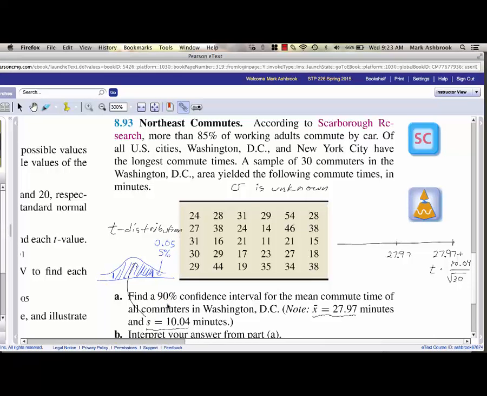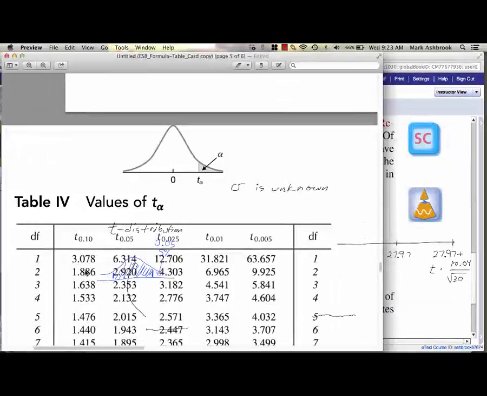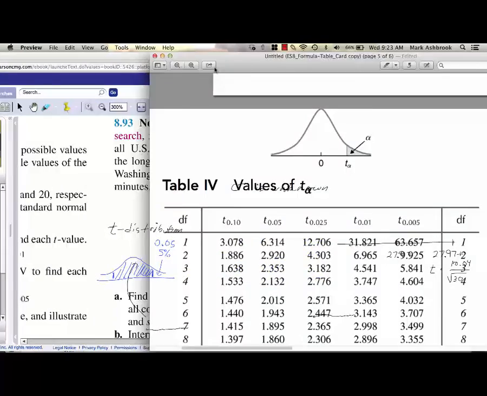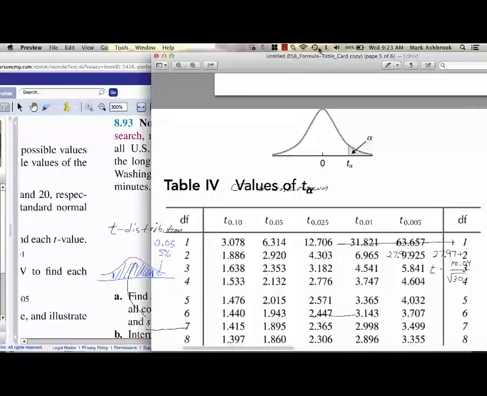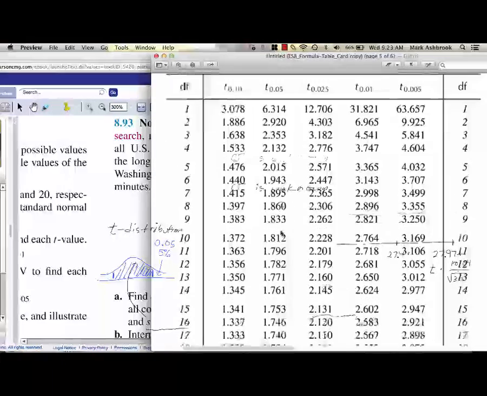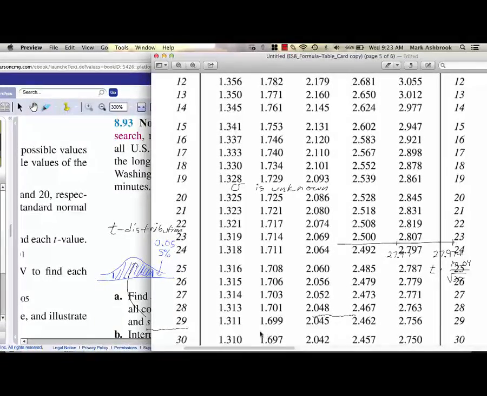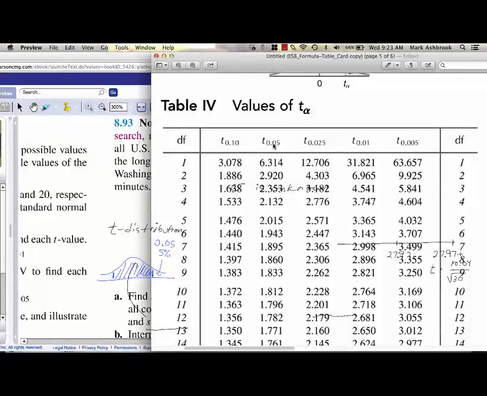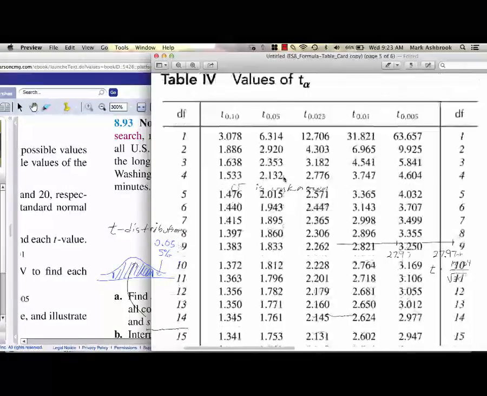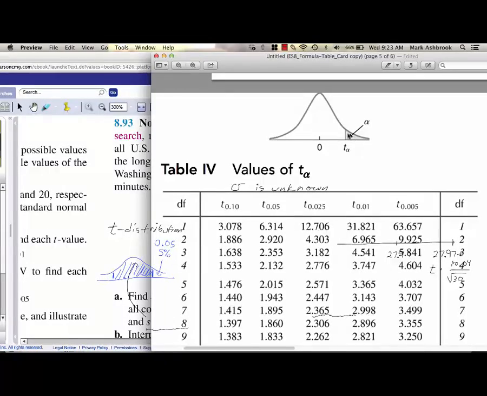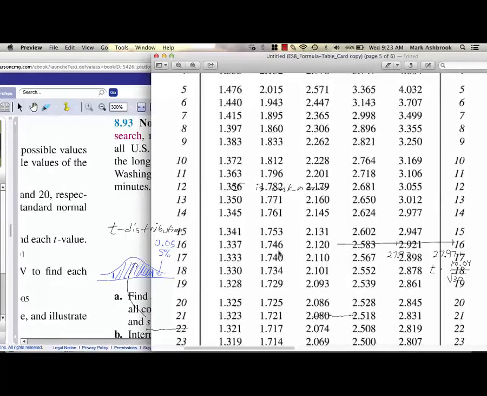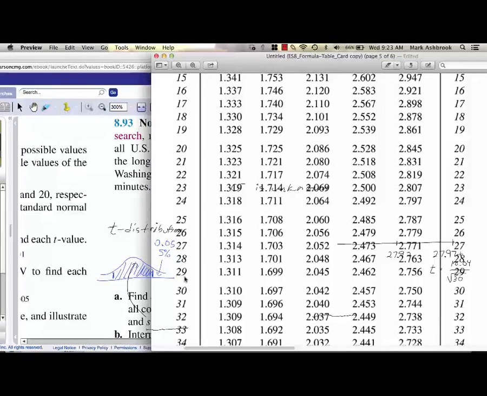So we can look at a t-chart. Okay, we're going to look in here in column 2, and since n was 30, we're going to do 29 degrees of freedom. 1.699 is our t value for a 90% confidence interval, or 5% above that t value, and 29 degrees of freedom.